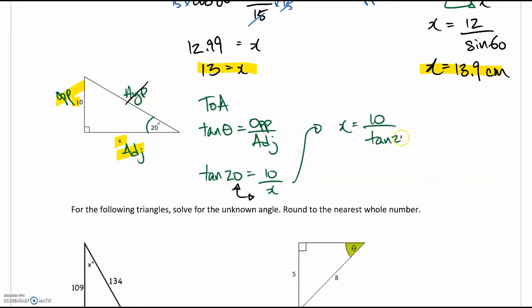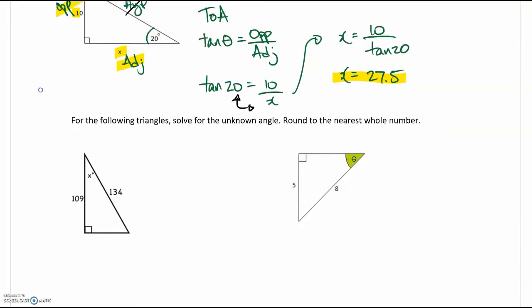Let me fix that 20, make it look clean. 10 divided by tan of 20 looks like it's 27.47, or 27.5, because we've got to round it. And there's our answer. Great.